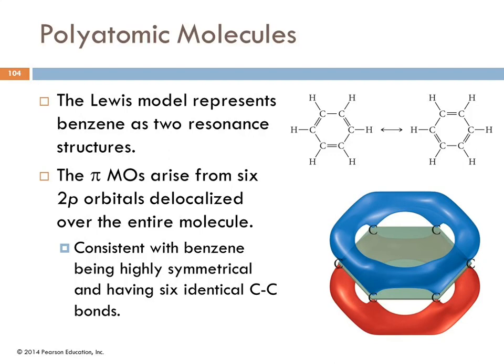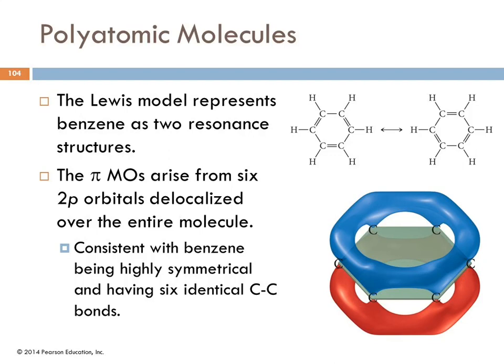Well, molecular orbital theory helps us to understand how benzene is. We're going to get these pi molecular orbitals from 6 2p orbitals that are delocalized over the entire molecule. So each of these carbon atoms has one p orbital that's contributing to this pi bonding. And so it gets delocalized.